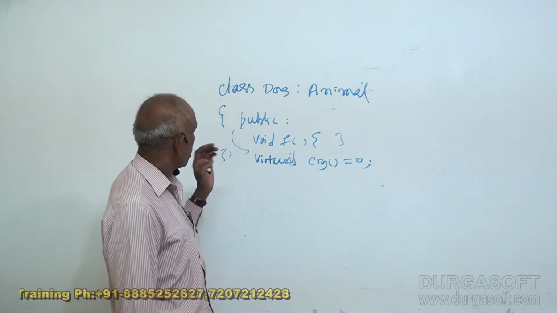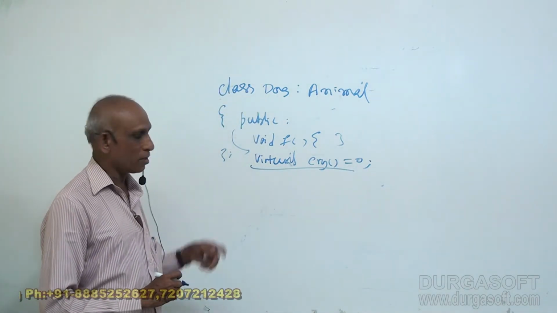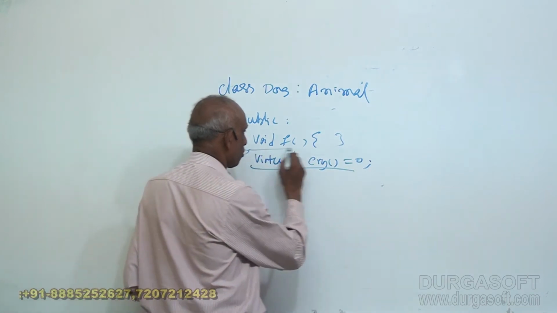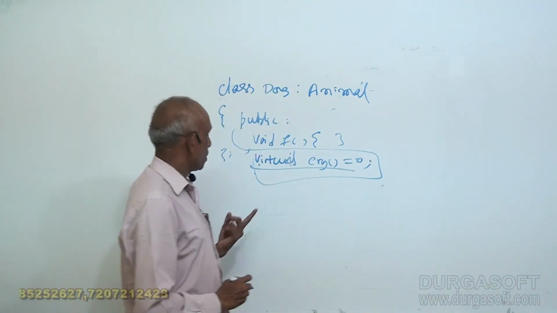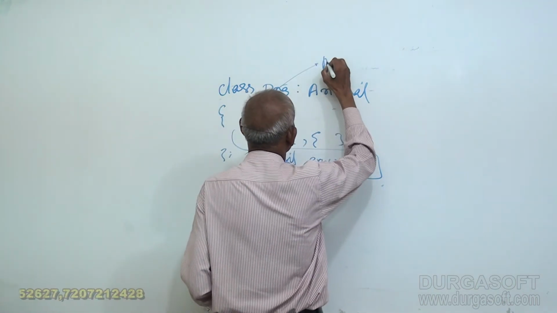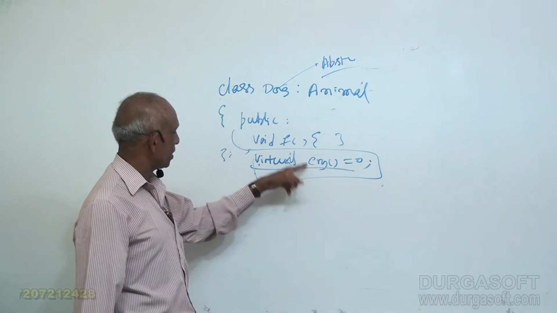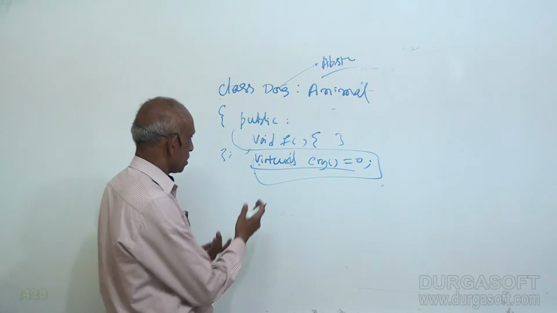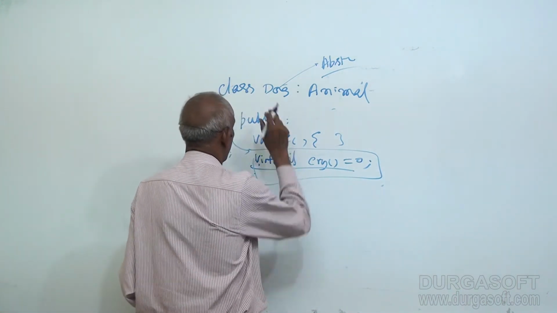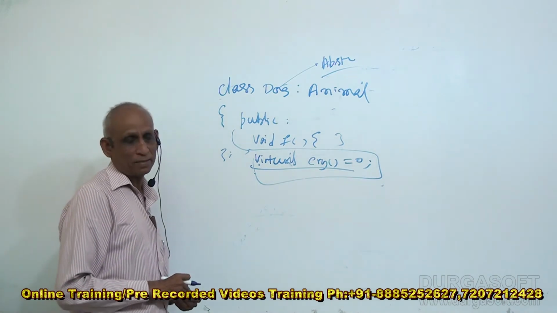Now if I don't override this cry function in this dog class, that is in the derived class, that means I am going to have a pure virtual function in this class also. In that case, even the dog class becomes an abstract class, as the pure virtual function cry is derived from the parent class animal. Now dog also became an abstract class.